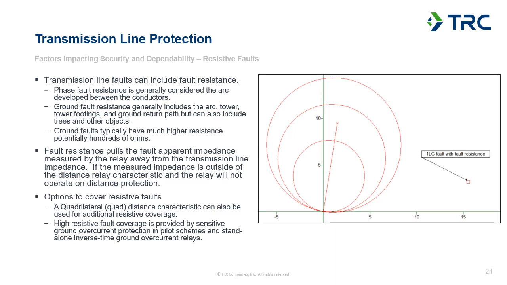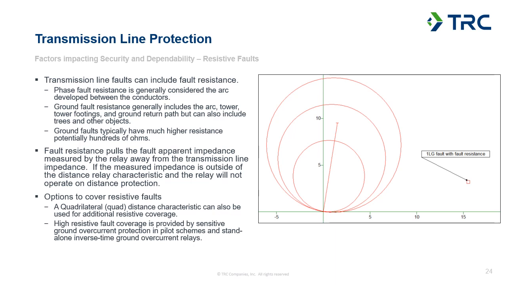This is that rectangular characteristic to increase that resistive coverage to a value to cover the types of faults, resistive faults, you're trying to detect. You can also provide some other types of protection that may have increased sensitivity.